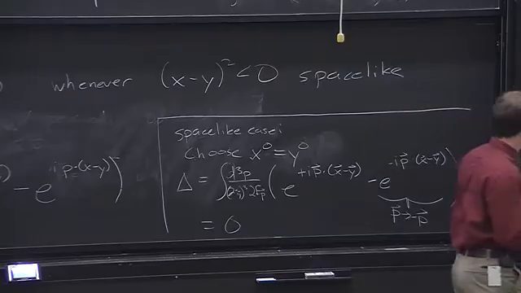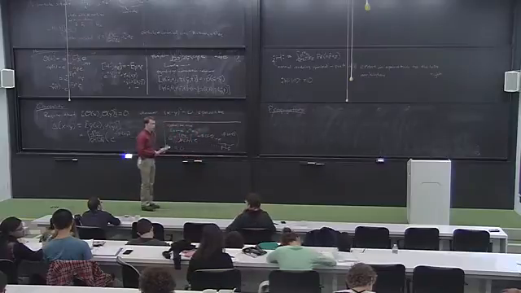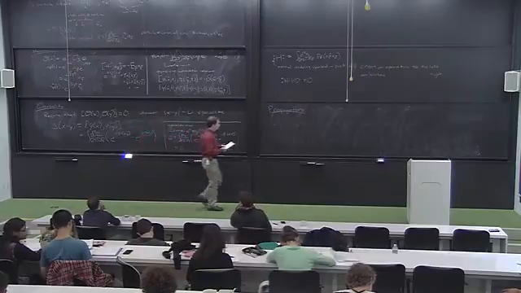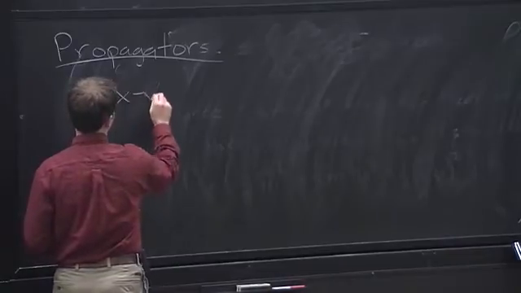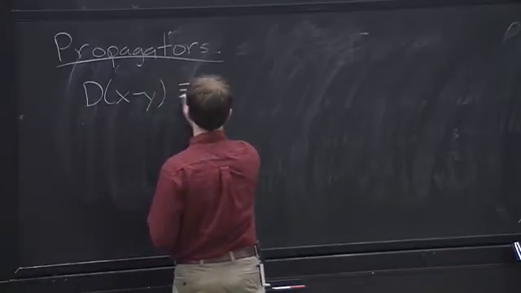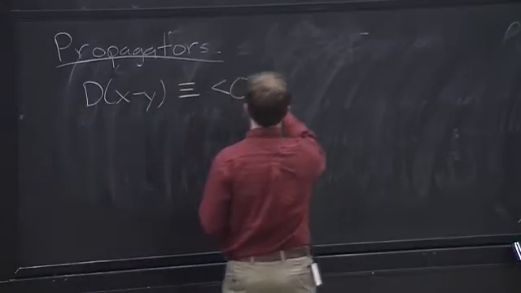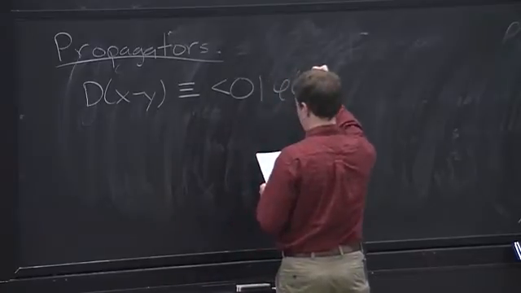To do that, let's look at a different but related quantity, the amplitude to propagate from x to y, which I'll denote as D of x minus y. And I'll define this to be the amplitude for a particle to propagate from y to x.